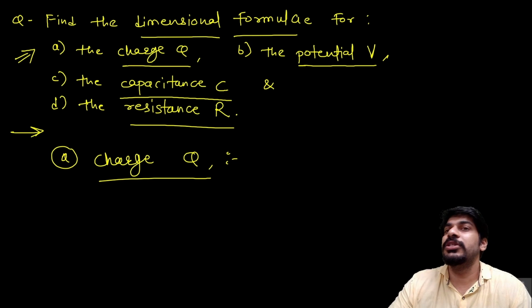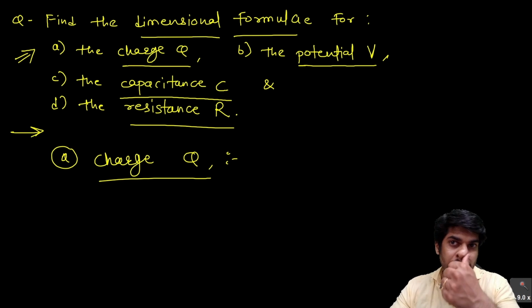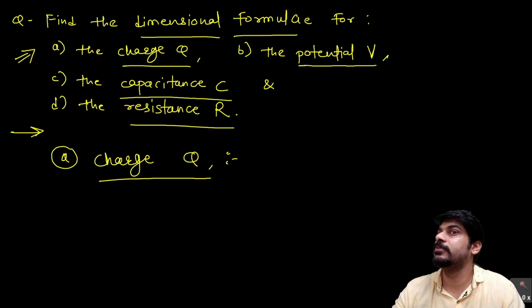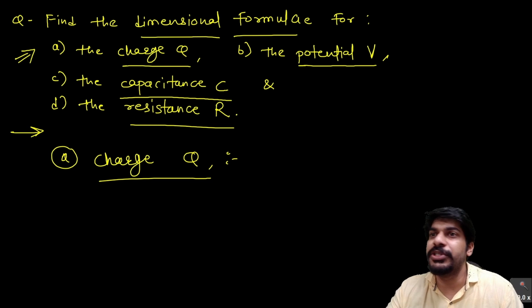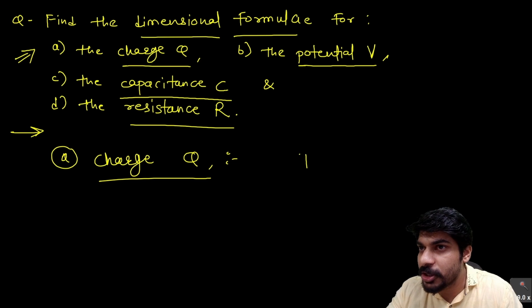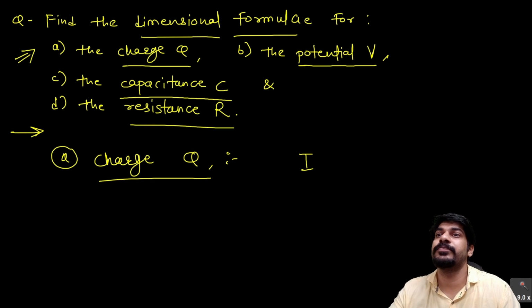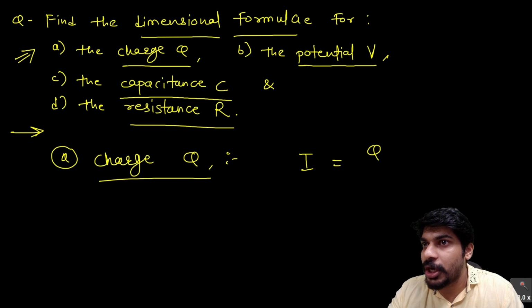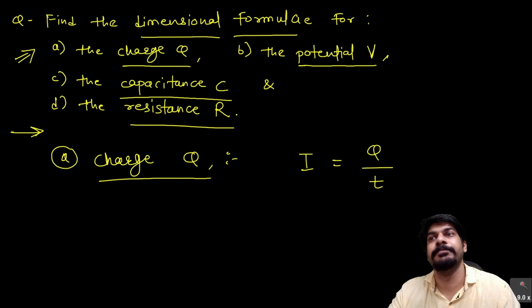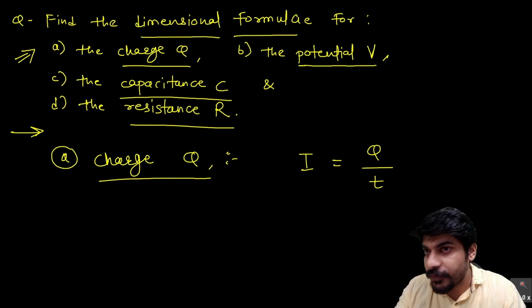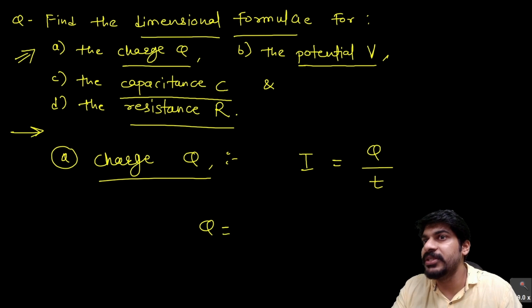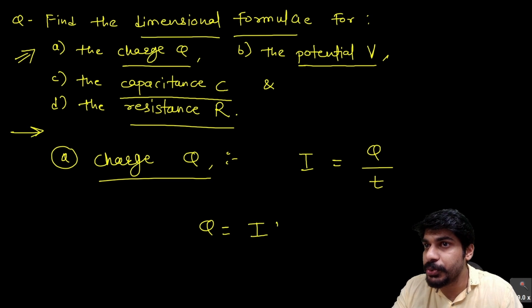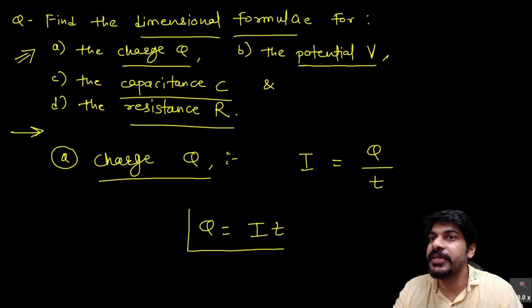So what is the most basic formula associated with charge? As you know, the most basic formula is the formula for current, I. Current is equal to the amount of charge flowing per unit time. From this formula I can write Q = I × T. I is the electric current, whereas T is the time.